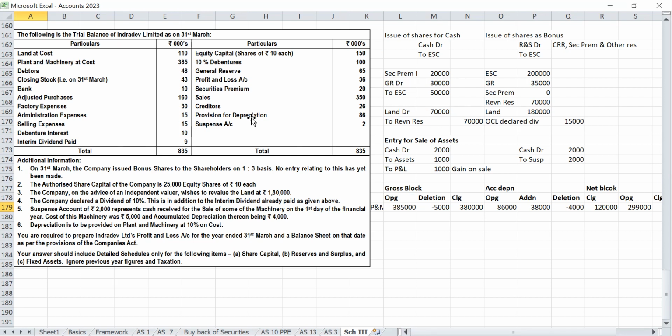Machinery sold on first day of financial year, so depreciation provided on closing balance 3,80,000, which is 38,000. So opening balance 86,000 plus 38,000. Accumulated depreciation deletion is 4,000. So closing balance 1,20,000.